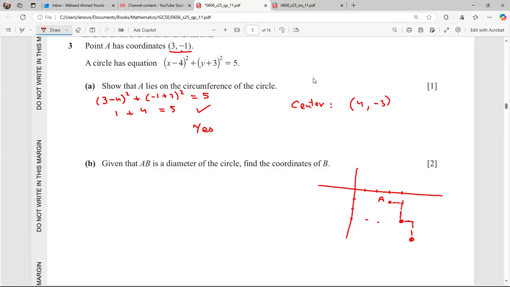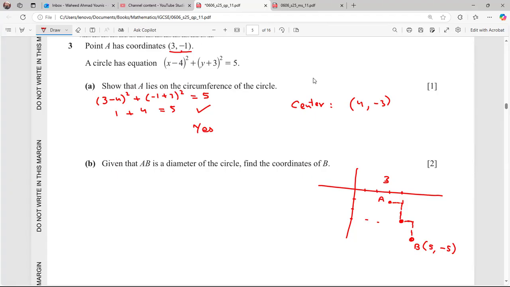So this is point B, and if this was 3, it's going to be 4, this is 5. So this is 5, and minus 1 and 2 units below is minus 3, and 2 units below is minus 5. So the coordinates of point B have to be 5, minus 5.